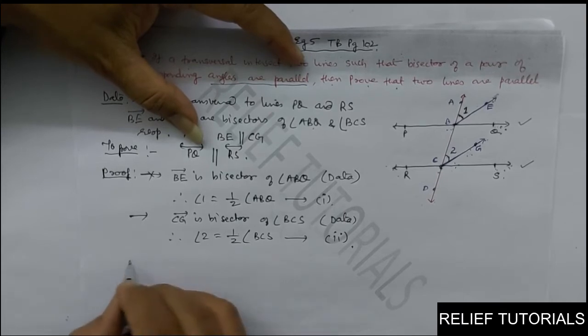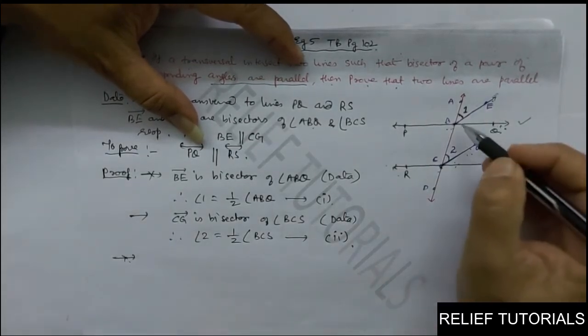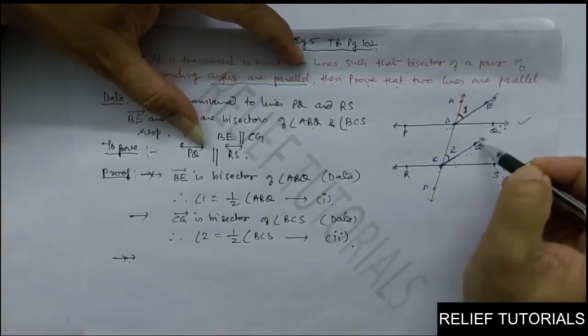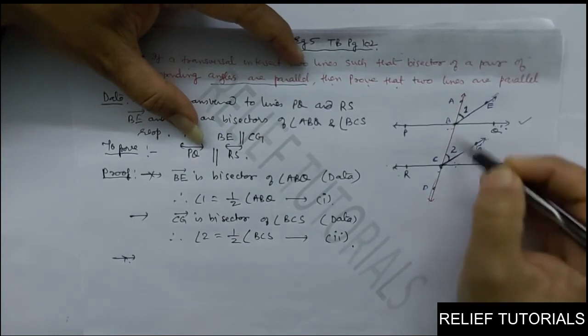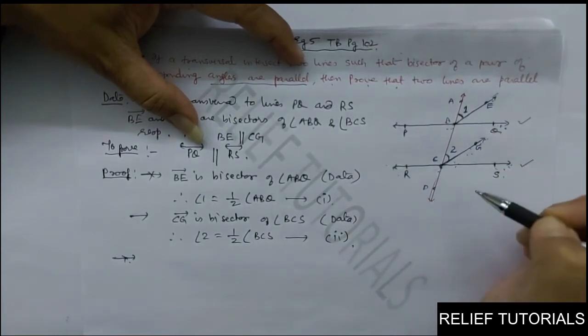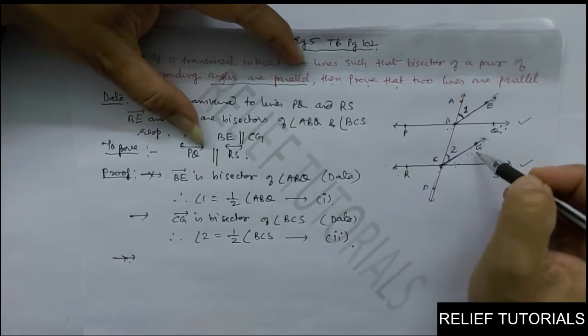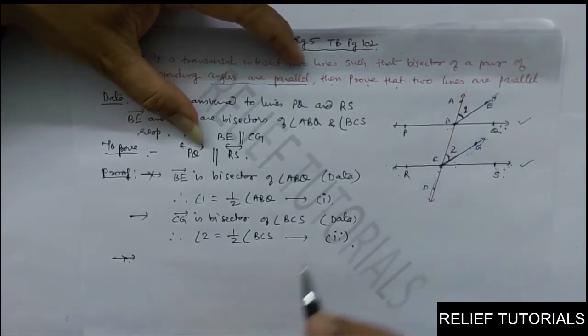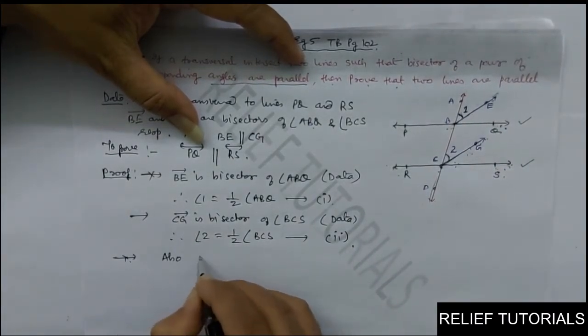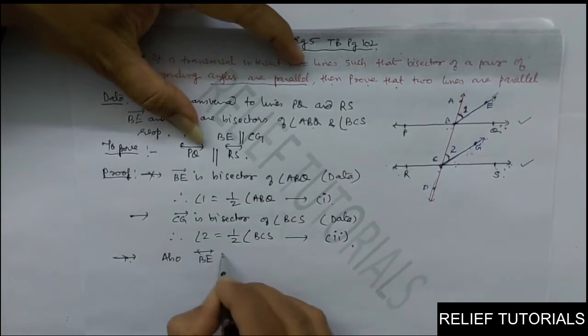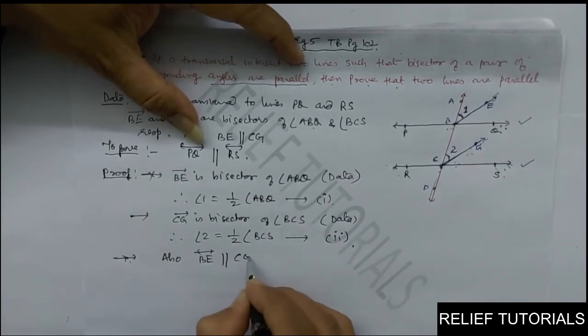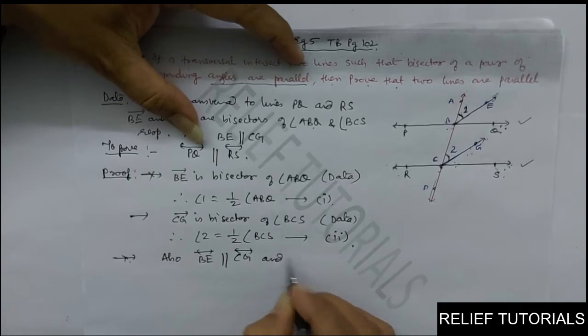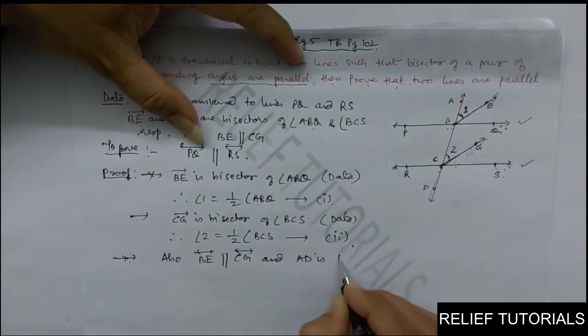Clear? Now second case. What is given? One more thing. BE is parallel to CG and this AD is the transversal. So these two are corresponding angles. These lines are parallel, it is given, so corresponding angles are equal.